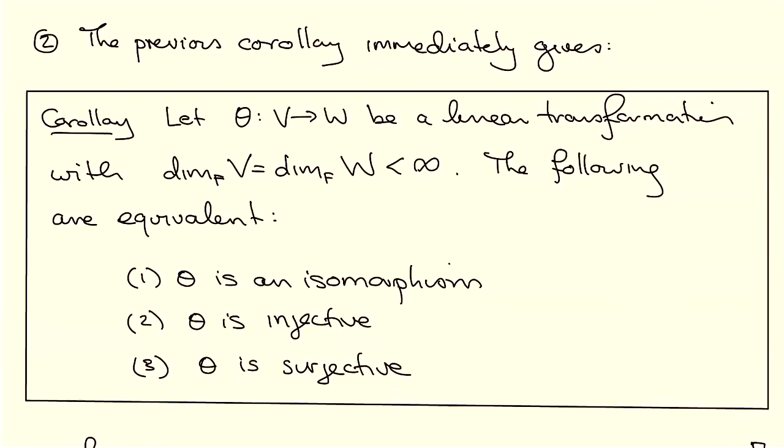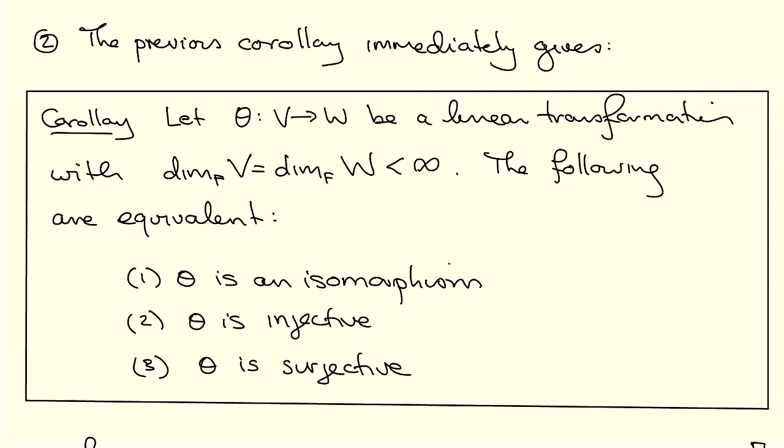All right, here's another good corollary that maybe we'll prove two ways, once with the rank nullity theorem and once just by hand. This is also the analogue of having a map between two finite sets of the same size. If it's injective, it's necessarily surjective, and if it's surjective, it's necessarily injective.